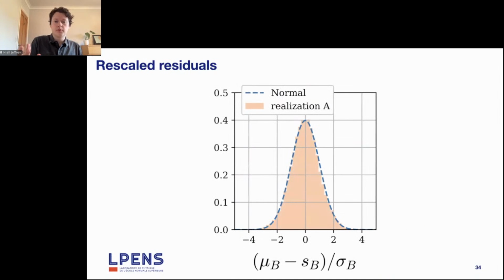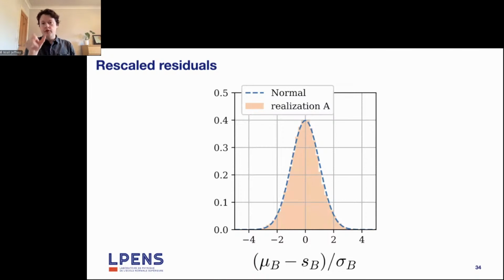This is the distribution for those residuals for our test case A, our realization A. You can see it has mean 0 and standard deviation 1 almost precisely. We've plotted here a normal distribution with mean 0, standard deviation 1 as comparison, so you can see how well this is really doing.